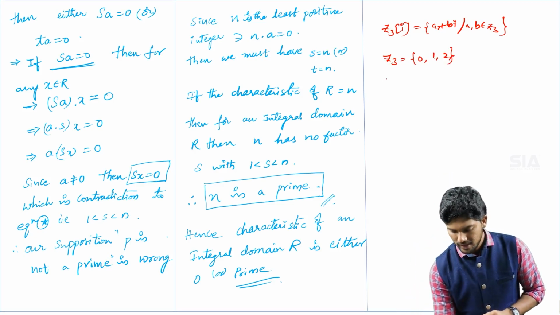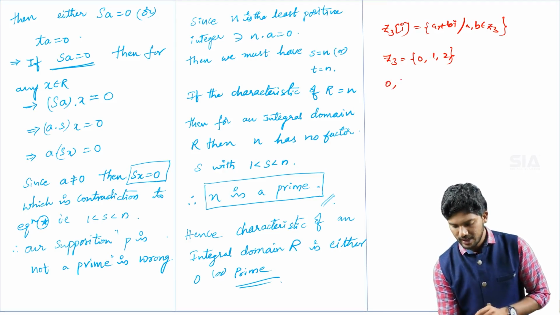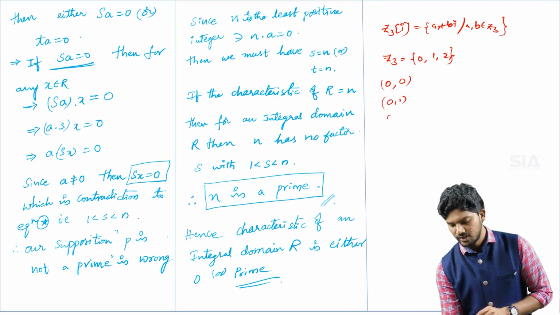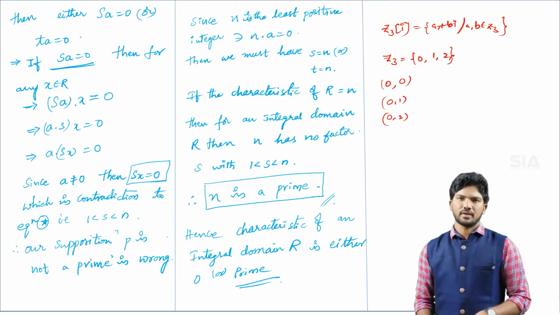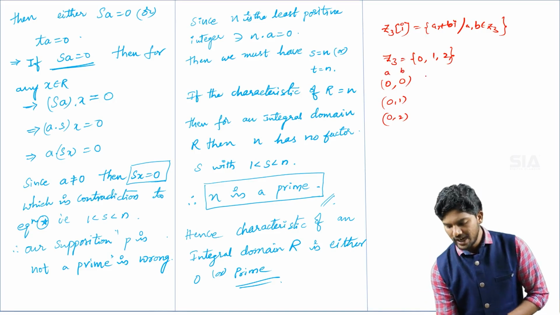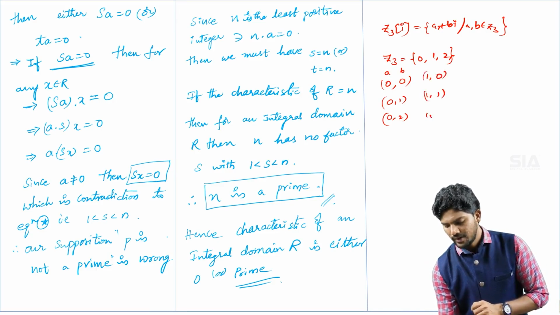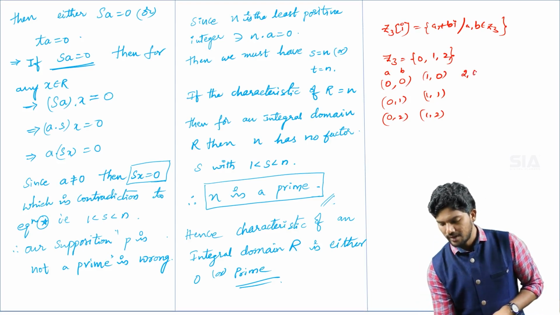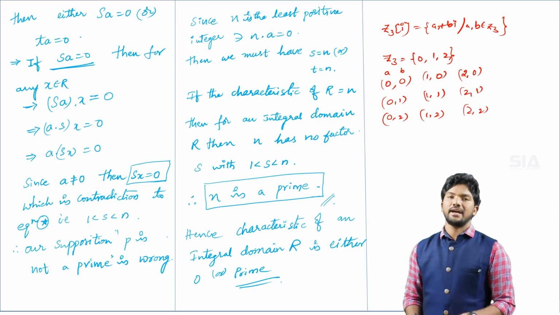If you start with 0, then 0 comma 0 is one pair, 0 comma 1 is another pair, and 0 comma 2 is another pair. Similarly, if you take a equal to 1, we get 1 comma 0, 1 comma 1, 1 comma 2. If you start with 2, we get 2 comma 0, 2 comma 1, 2 comma 2. These are the 9 possibilities.